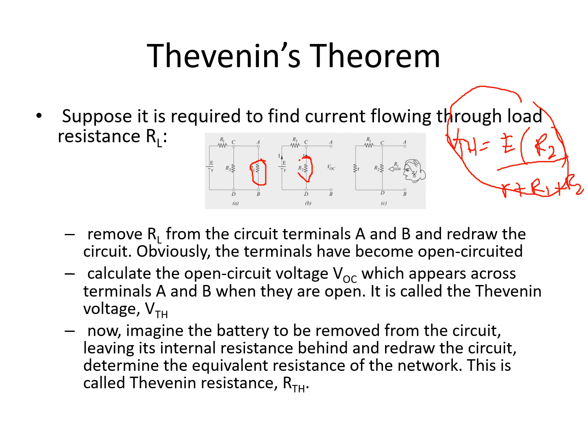Okay, so once we have already solved for our VTH, we are now going to solve for our RTH, or our Thevenin's resistance. Every time that you are solving for the Thevenin's resistance, we are removing all the sources that you have, either the voltage source or the current source.